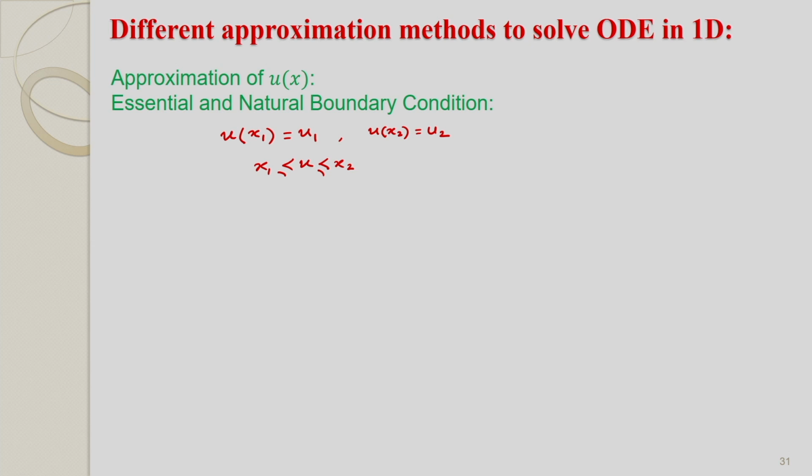So, we have to select phi j and phi naught in such a way that our u n, that is the approximating function, satisfies both essential boundary conditions.